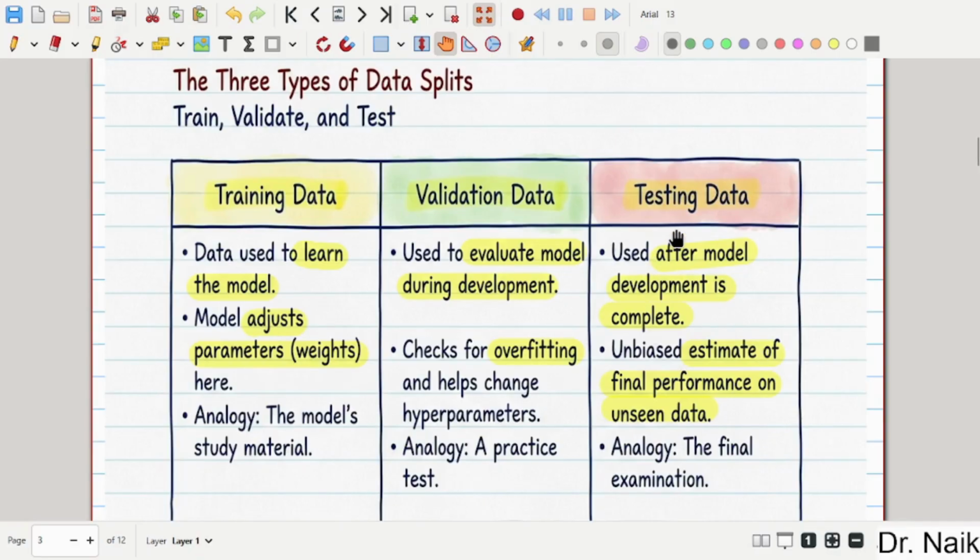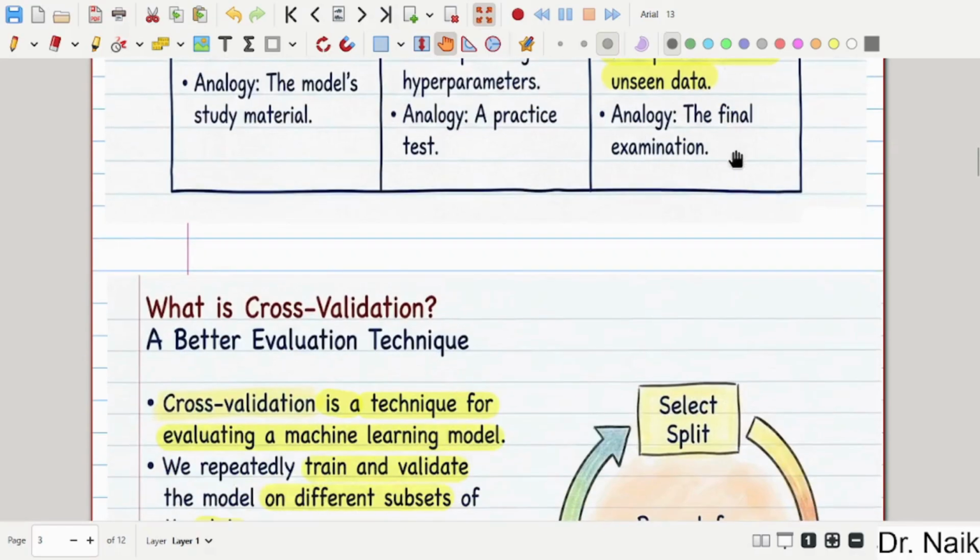Another type of data is the testing data, or test data. Test data is used after the model development is complete. It gives an unbiased estimate of final performance on unseen data. We can think of test data as the final examination.